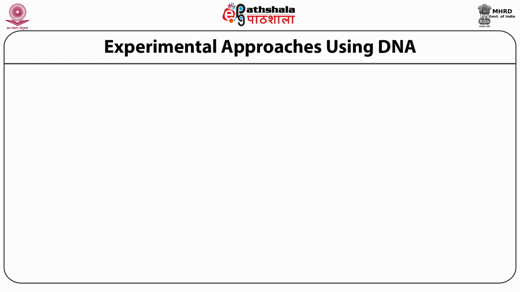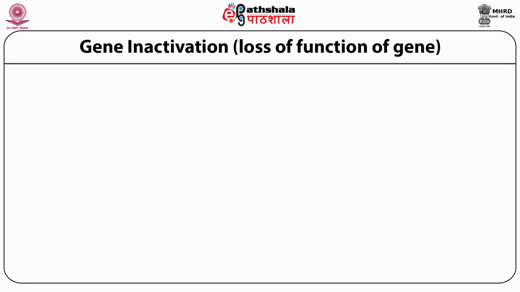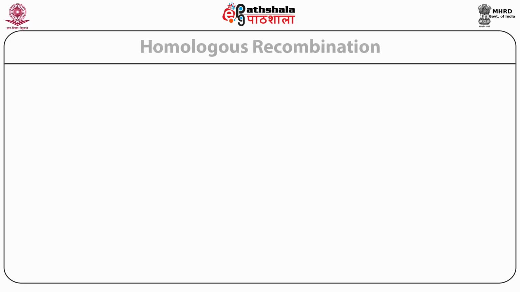One of the easiest approaches is gene mutation, where a target gene can be altered by either loss of function, that is gene inactivation, or by gain of function, that is gene overexpression. Gene inactivation. The gene whose function is to be determined is inactivated and its function is ascertained. This can be done using two techniques, that is, by either using homologous recombination or by transposon tagging.